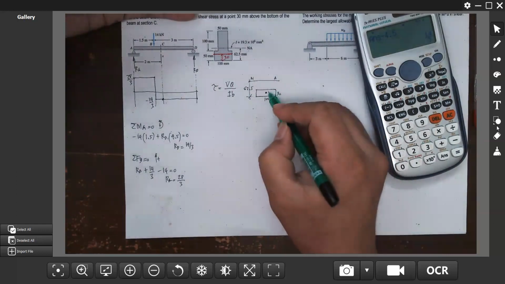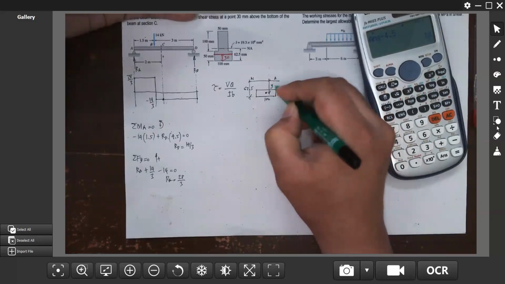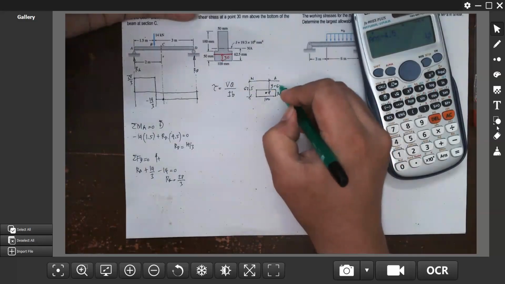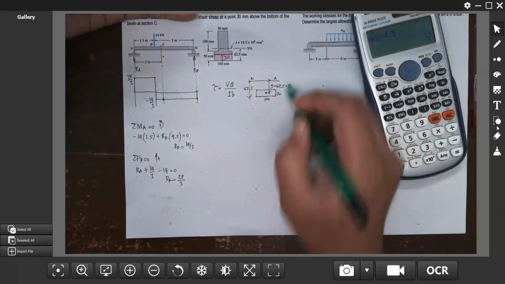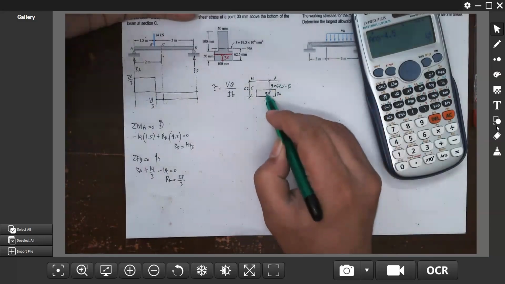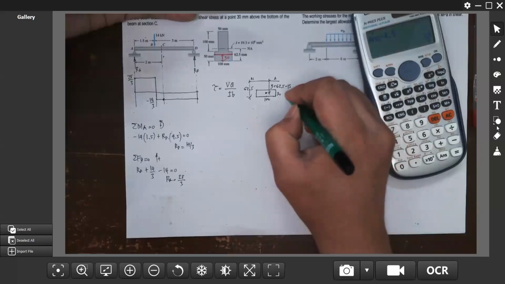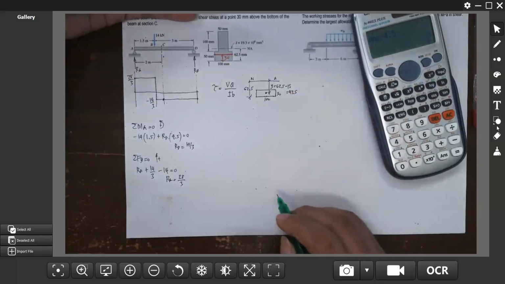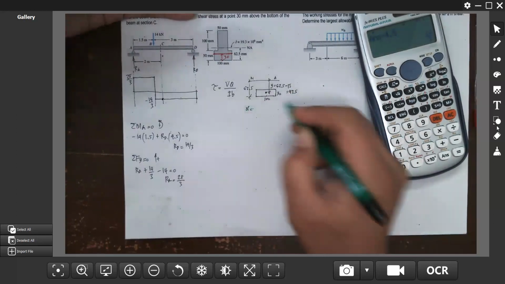So your Y is 62.5 minus 15, since 15 is half of 30, and you have 47.5.